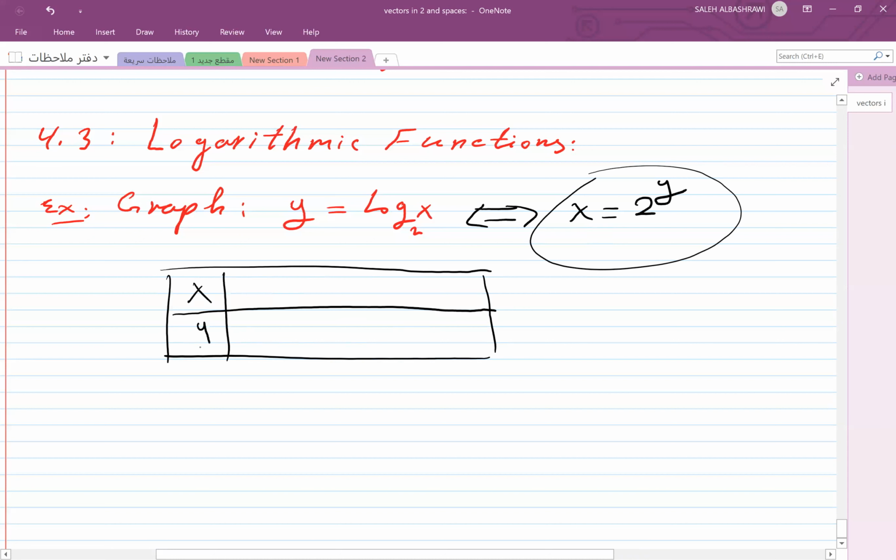I have x and y. As usual, we are going to choose 5 points. But in this one, I'm going to choose y: -2, -1, 0, 1, and 2. And then find the values of x.